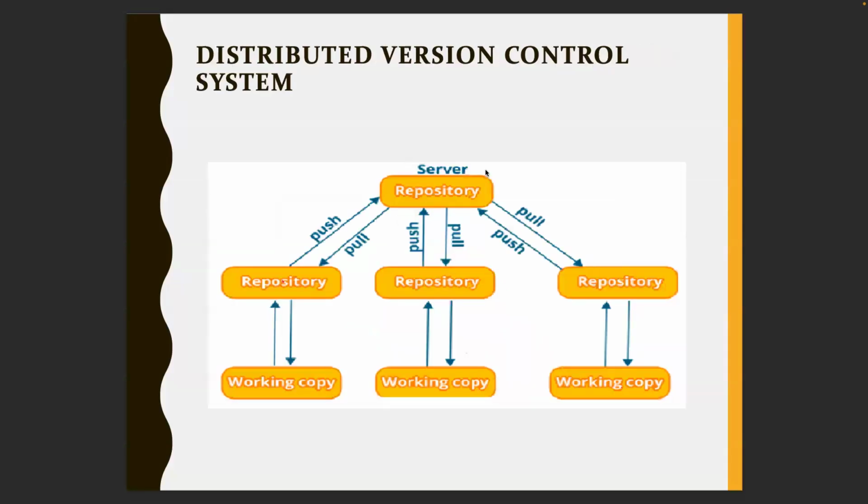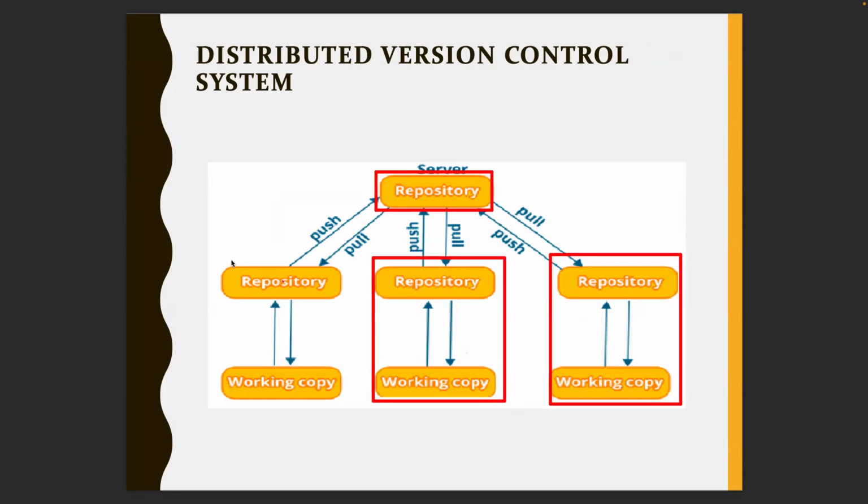So let's look into the distributed version control system. If you see the distributed version control system here, this is again the central server or remote server where all the project work is kept. And this is the workstation of an individual collaborator, like every user, right? This is the local computer or workstation. So what is the difference here?